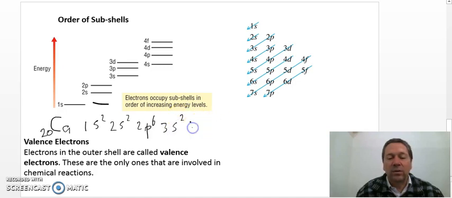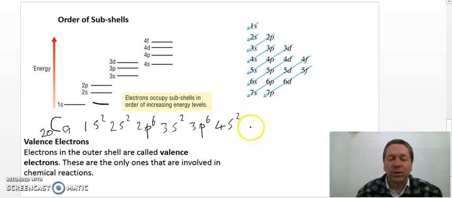Now you go to 3p6. Now we don't go to 3d. We now go to 4s2. And hopefully that comes up to 20. That's 10, and 10 makes 20. So there's 20 electrons, and you notice that we haven't filled the 3d because there's no electrons in the 3d. So that's the electronic configuration of calcium.